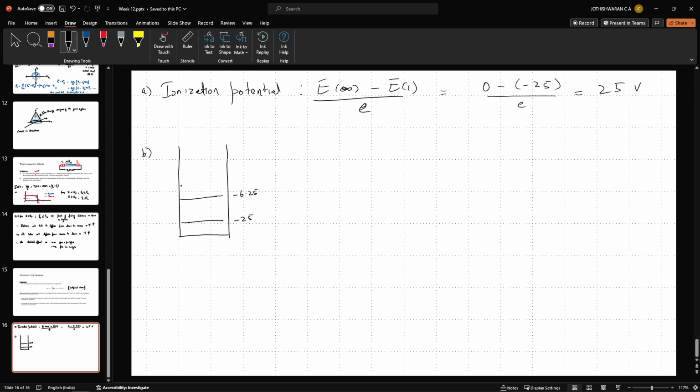So that's going to be further closer. These are all in electron volts, so this is energy in electron volts.